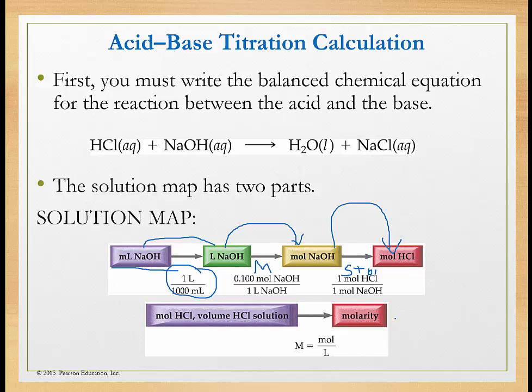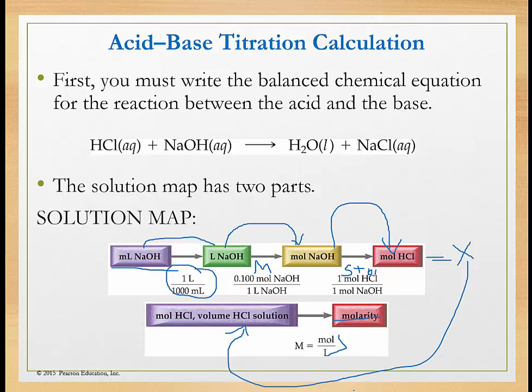But I was asked for the molarity, which is the ratio of the number of moles per liter of solution. So what I then have to do is take whatever answer I get here and plug it in down here. I take that number of moles of hydrochloric acid and I take the volume that I had to begin with, the 10 milliliters that I had, calculate moles per liter, divide it out, and then I'll get the molarity.